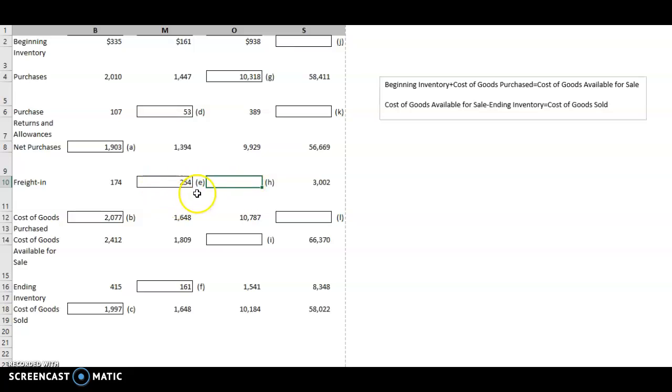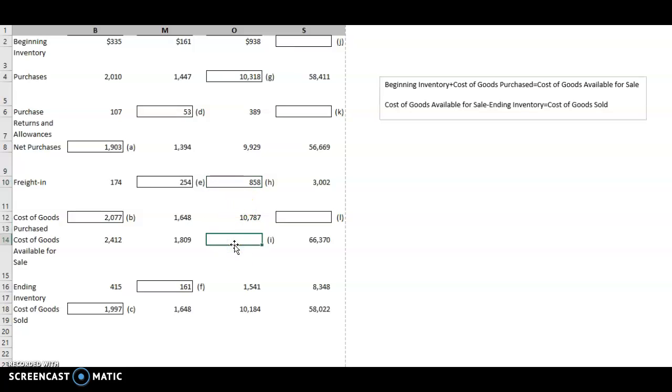We're asked to find the freight in again. So here we're just going to take our cost of goods purchased, which is 10,787, and subtract our net purchases of 9,929 from that, and that gives us a total freight in of 858.